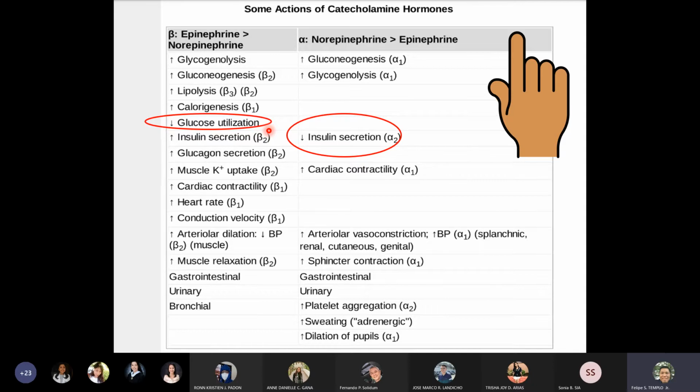It is kept outside, so it stays in your blood to increase the blood glucose level necessary to create this fight or flight reaction. And obviously, the insulin secretion is also decreased because the glucagon will be increased. So again, to maintain your blood glucose in the blood during fight or flight reaction. So everything is basically increased except for this one that I encircled here.